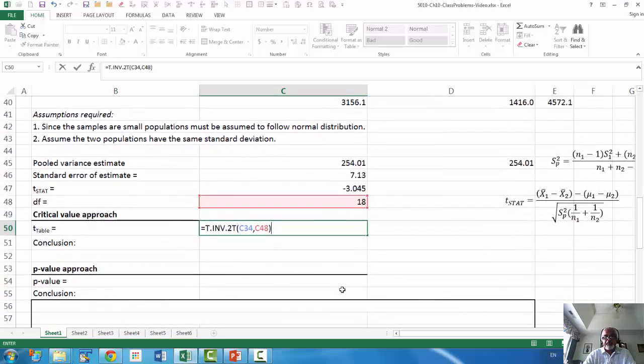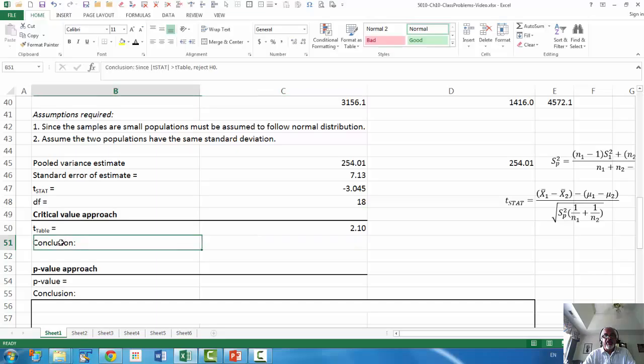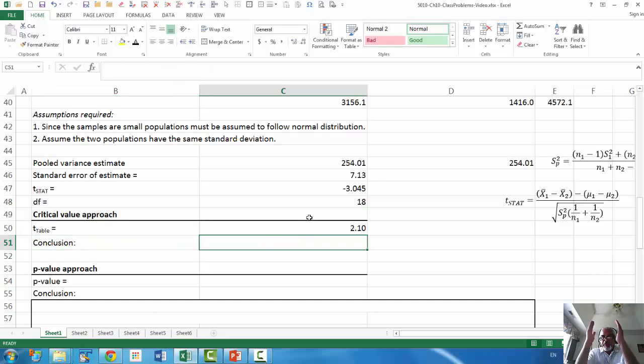So that gives us the t-table value. Now we can say that in a two-tailed test you take the absolute value of the t statistic, and if that is greater than the t-table value, we'll reject, otherwise we will not reject. In this case, the absolute value is greater than 2.1, so we will reject.